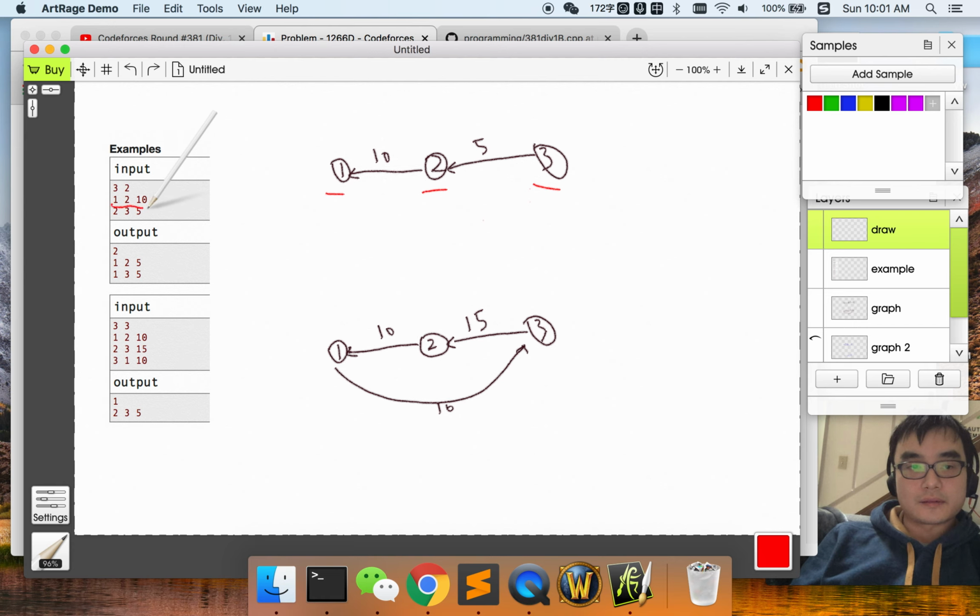The first edge means the second person lends $10 to the first person, right? And the second edge means the third person lent $5 to the second person, right?